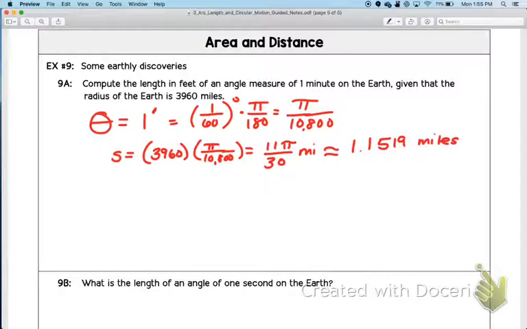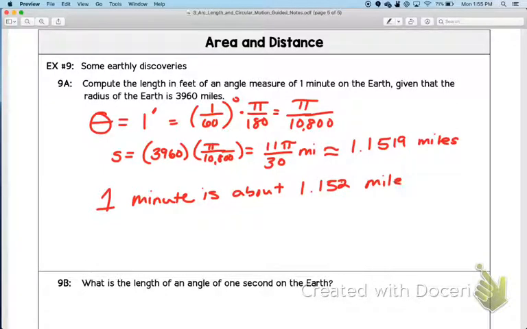So the length of an angle measure of just 1 minute on the Earth is about 1.152 miles.